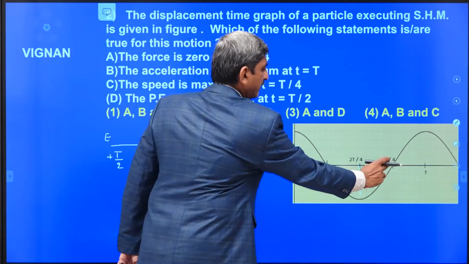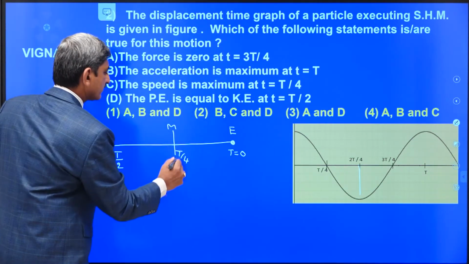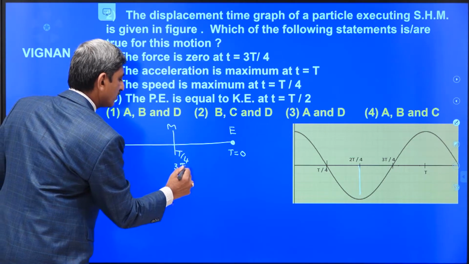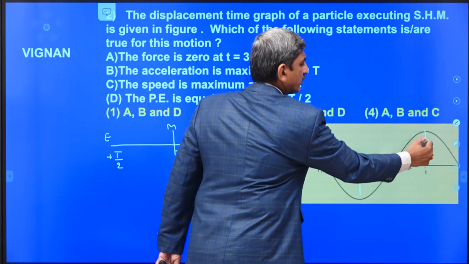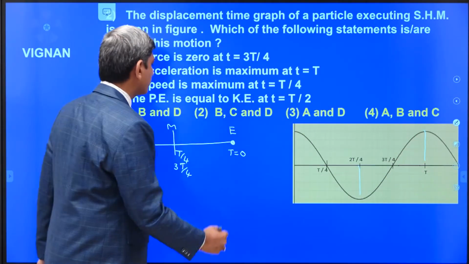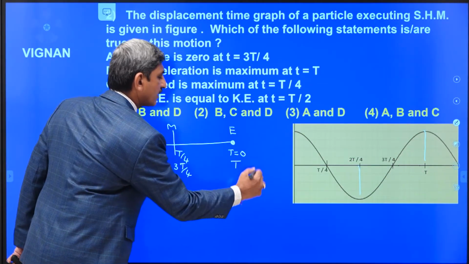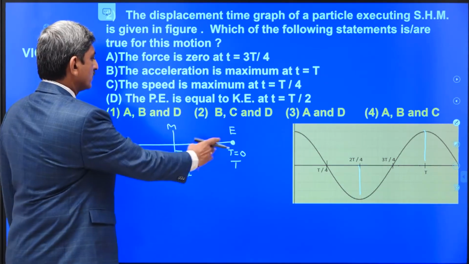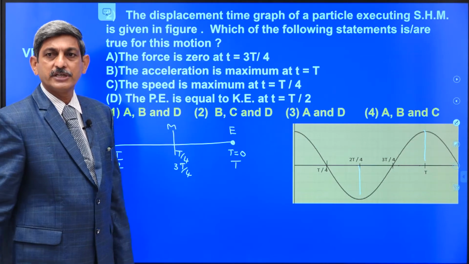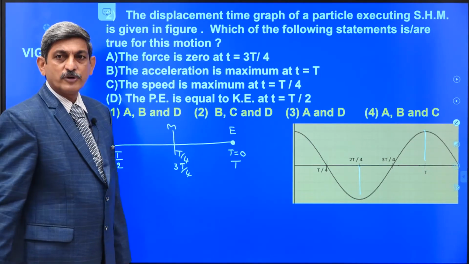Again, at 3T by 4, the displacement is 0, so that it is at mean position, and at time t is equal to the time period, the displacement is maximum, that means the particle comes back to the extreme position. So this is the motion of the particle executed in simple harmonic motion.